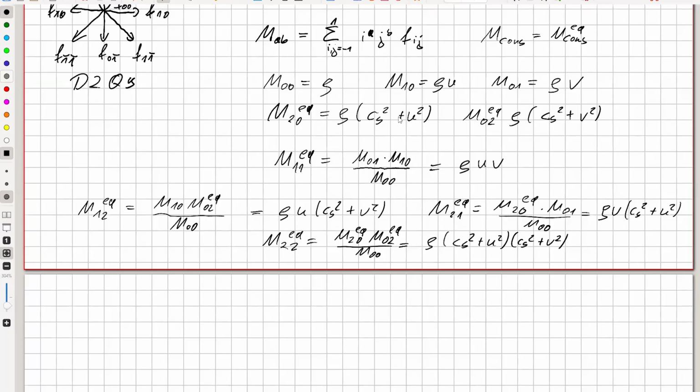So this is the moment matching equilibrium.